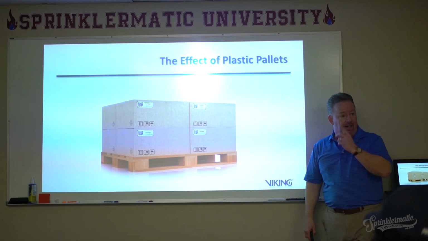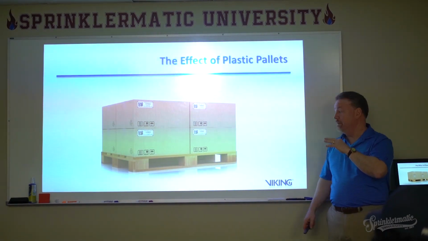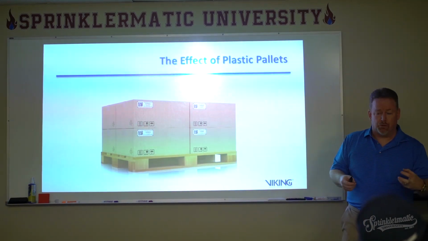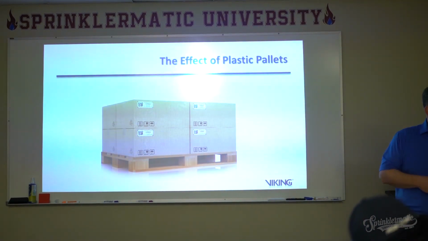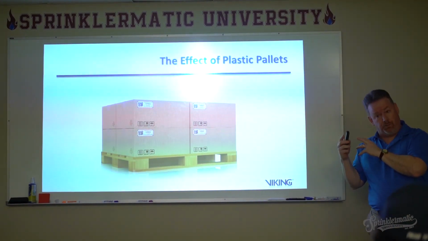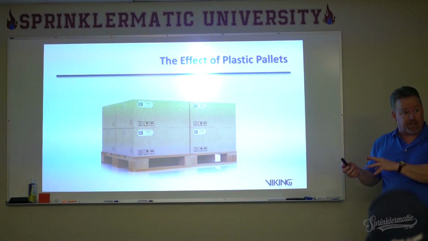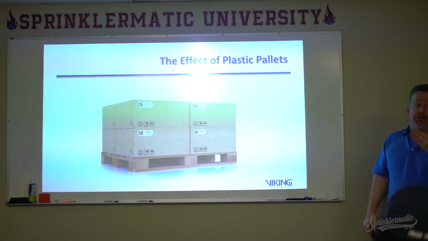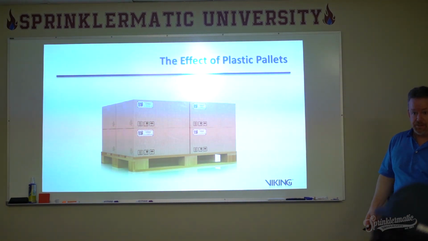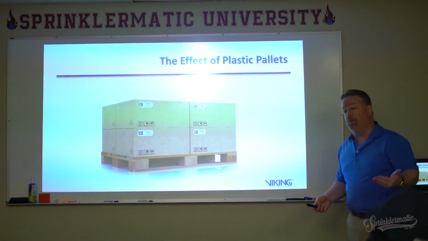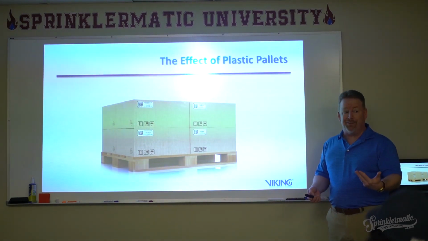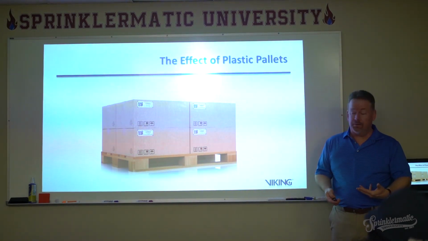Now we have to take a look at the pallets. What is it stored on? Remember, when we first mentioned the commodity classification, all of those test commodities were on wood pallets. Back when these things were tested, back when we were burning these things, there weren't any plastic pallets.